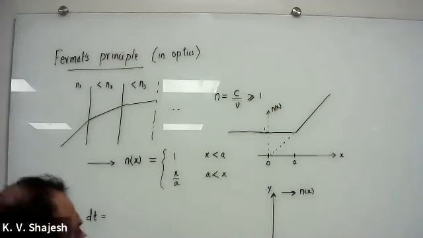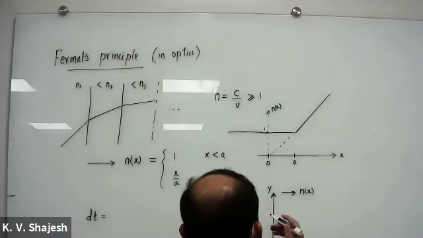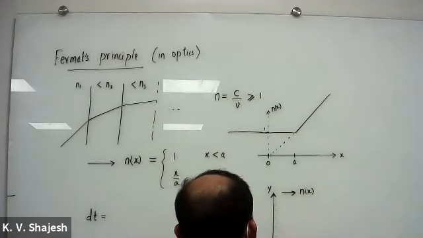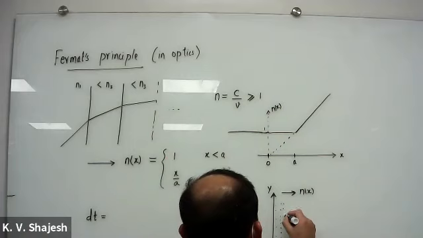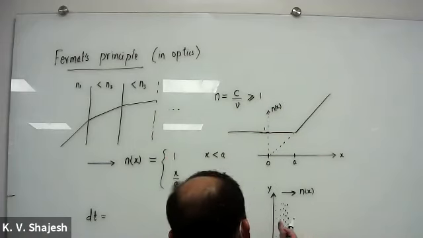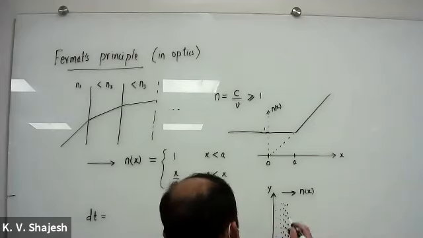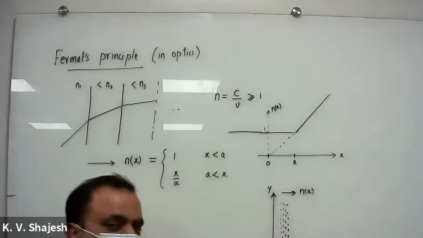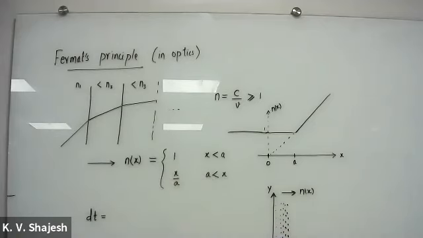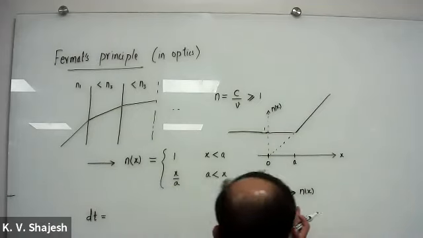So this is a stratified medium. Is that clear? It is very light at x equal to A, and then it gets denser and denser. So the refractive index increases as you go to the right, but it is stratified nevertheless. Like these are layers.